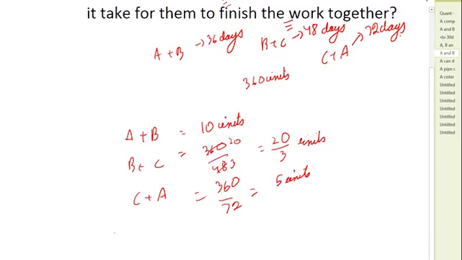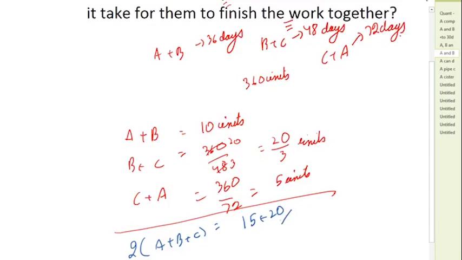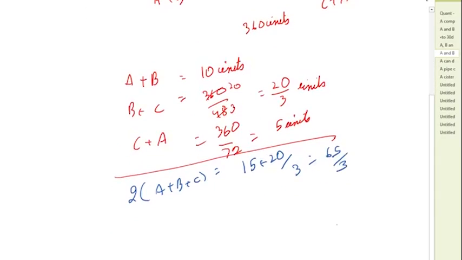So we just add all these 3 equations. If you add these 3 equations, it becomes 2a plus 2b plus 2c is equal to 15 plus 20 by 3 or 65 by 3, which means a plus b plus c together, they do 65 by 6 units per day.